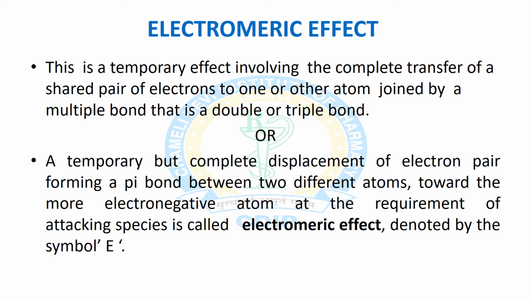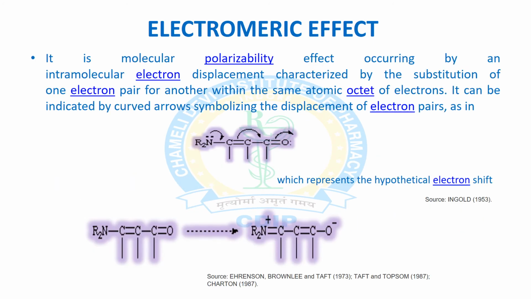There are two types of this effect, plus E and minus E effect. It is also known as the molecular polarizability effect, and it is characterized by the substitution of one electron pair for another within the same atomic octet of electrons. It can be indicated by curved arrows as shown in the diagram here.